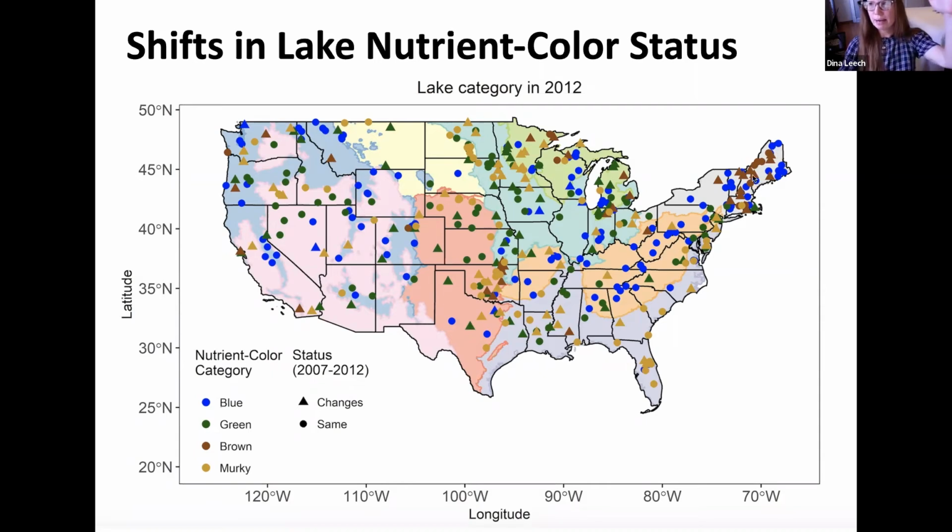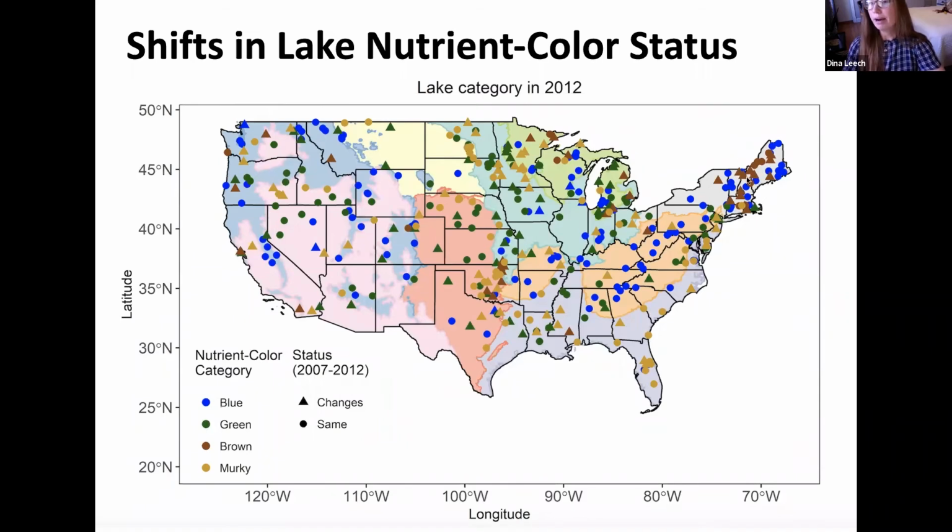So high up in the mountains, they have very small watersheds with little organic matter and vegetation to contribute nutrients and organic matter. So we see them along the mountains of the Appalachians, as well as out into the Rockies and the Sierra Nevadas. But when we start to look at the Midwest, where we see lots of agriculture, that's where we see a lot of our green and murky lakes.